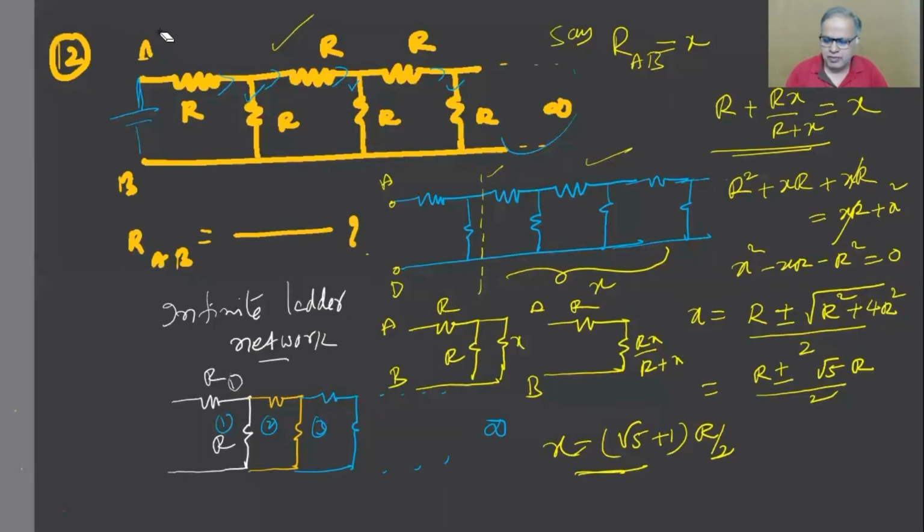Actually, if you want to check it, you can. Somebody should immediately ask: I took only one out of it, can I take two and do it? Take two out of it and do it, you'll still get the same. That means it is independent of the number of those basic units there.